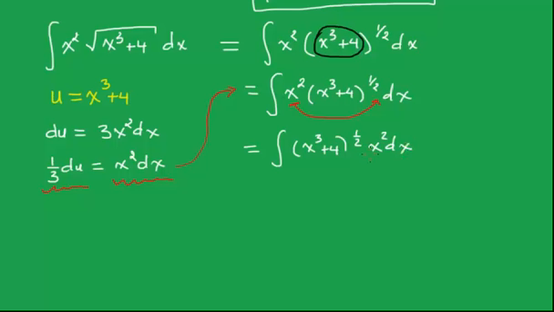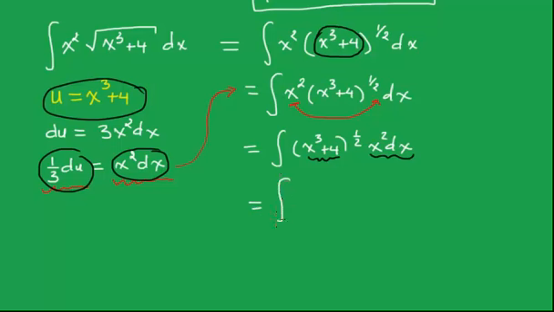Because now I can see x squared dx, and I can replace it with 1/3 du. And the x cubed plus 4, I can replace with u. So this integral becomes u to the power of 1/2 times 1/3 du.